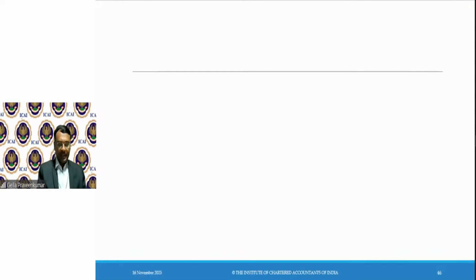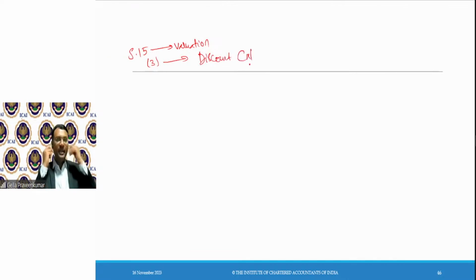So here, we have read section 15, which deals with valuation. In valuation, I need you to read section 15 subsection 3, which deals with discount, where a credit note can be issued. Now, this aspect, I'll give a little more clarity under section 34.